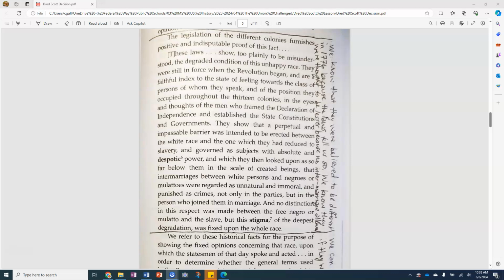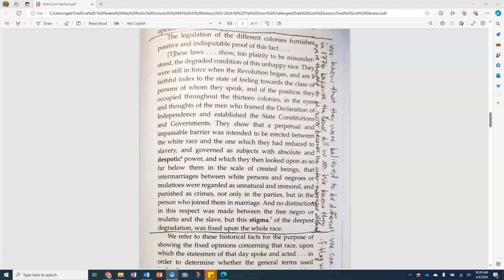So it's so much of a crime that we're going to not just punish the people who are getting married, but the people who are performing the marriage. And he says there's no distinction, that means no difference, in this respect was made between the free Negro or mulatto and the slave. So status, free versus slave, doesn't matter.